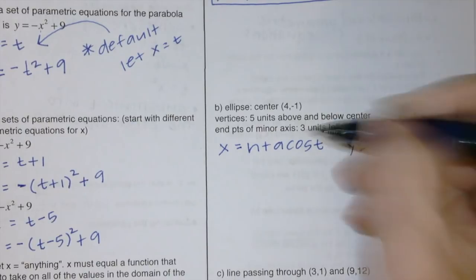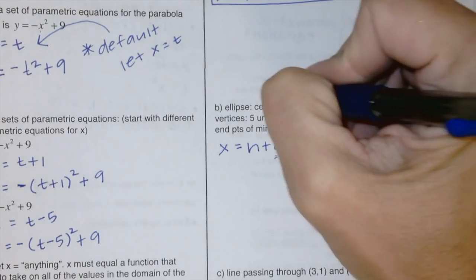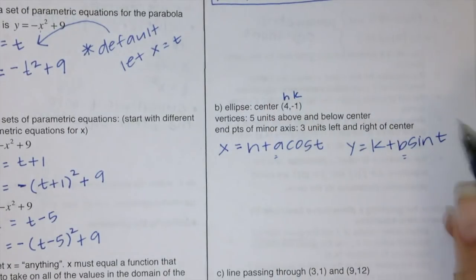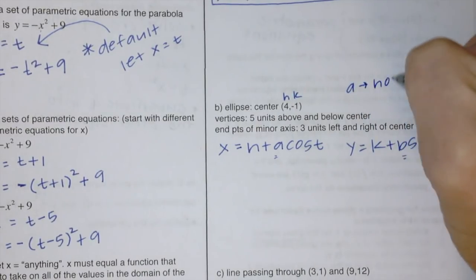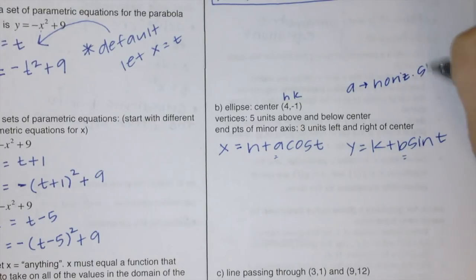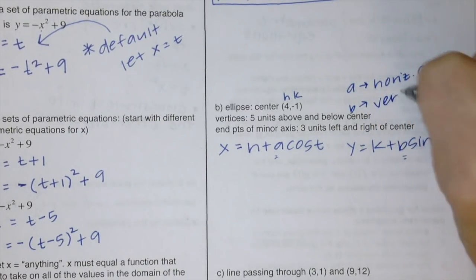And you're like, what is this a and what is this b? H, k is obviously going to be the center. A and b are how much you stretch in that direction. So a is the horizontal stretch, and b is going to be the vertical stretch because it's with the y.